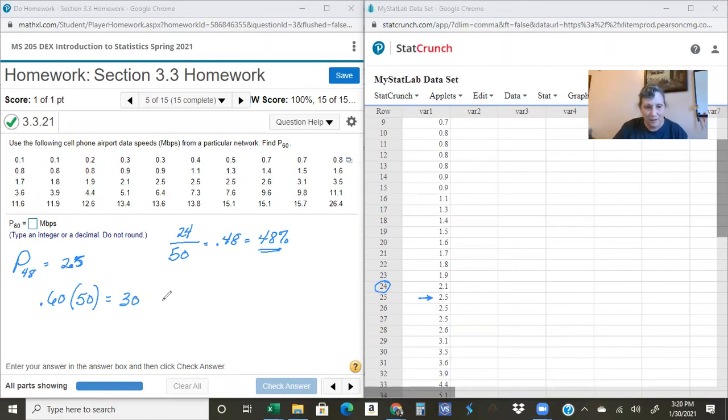Now, when this is an integer, a whole number, it means we need to get the midpoint of the 30th and 31st data elements.